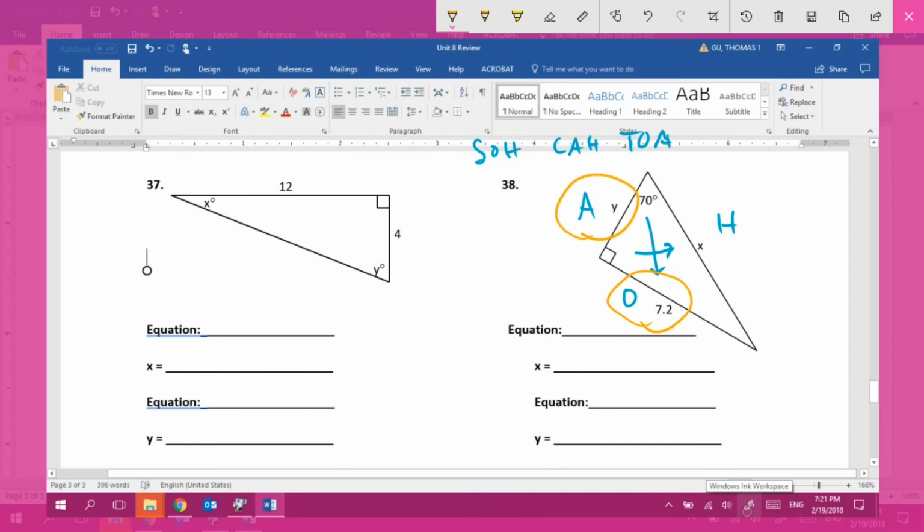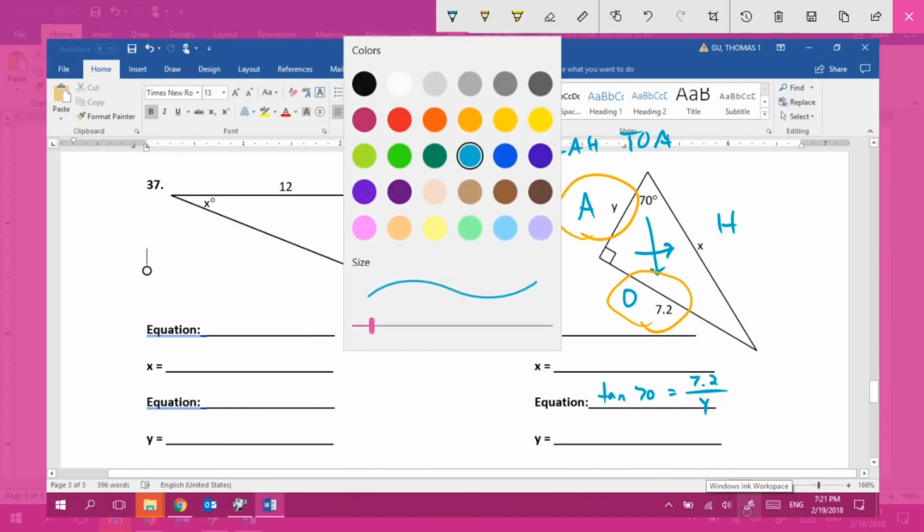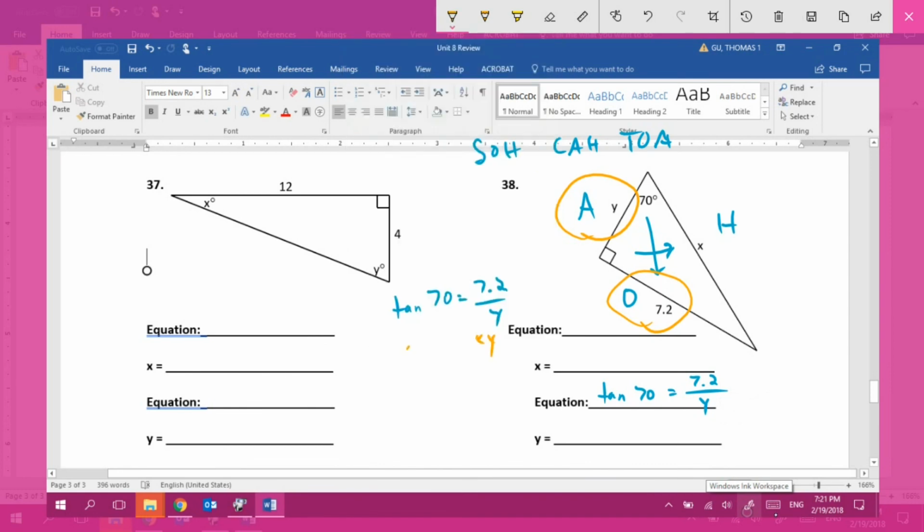Okay, now which function uses opposite and adjacent? That's going to be tangent. So our equation this time is going to be tangent of 70 equals opposite over adjacent, 7.2 over y. So once again, we can see that our variable's on the bottom, so we're going to have to do a two-stepper. First, we're going to multiply both sides by y. That's going to cancel out the y on the right side and leave me with y tangent of 70 equals 7.2.